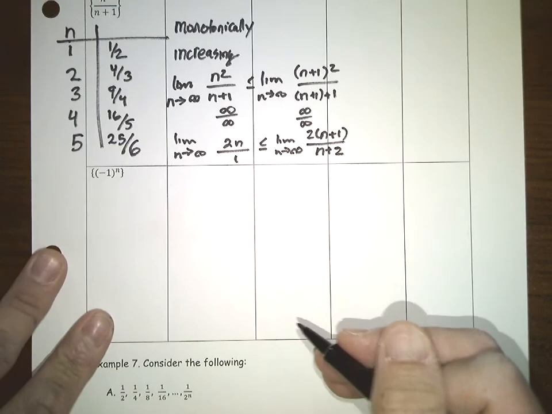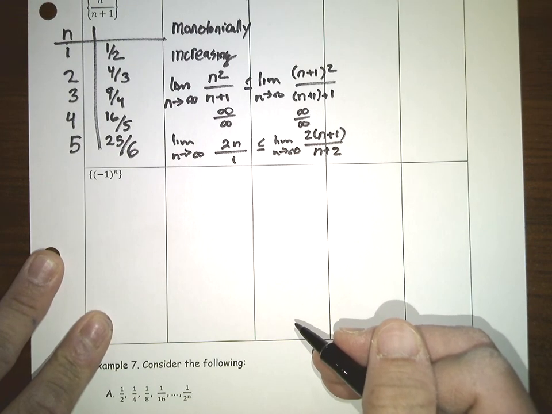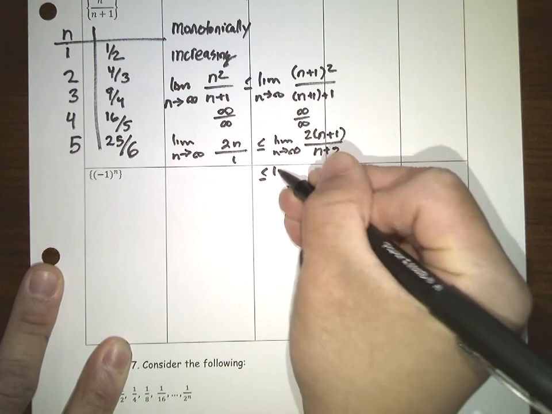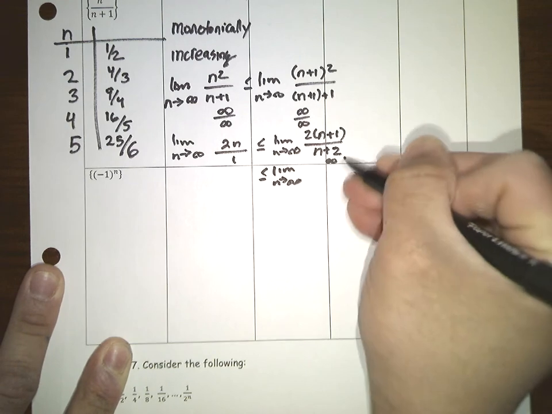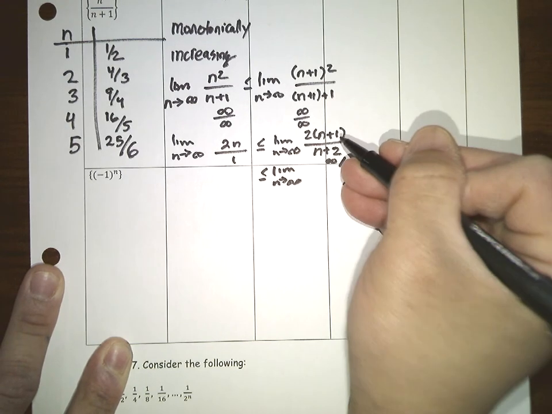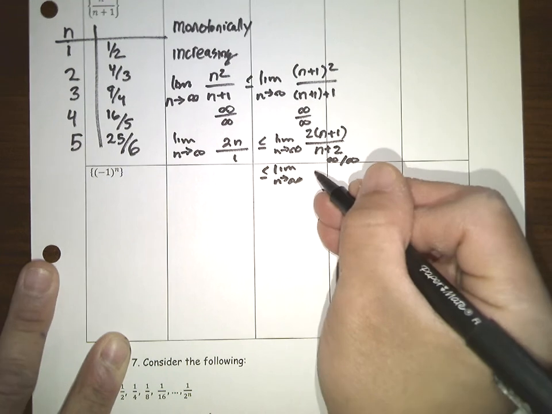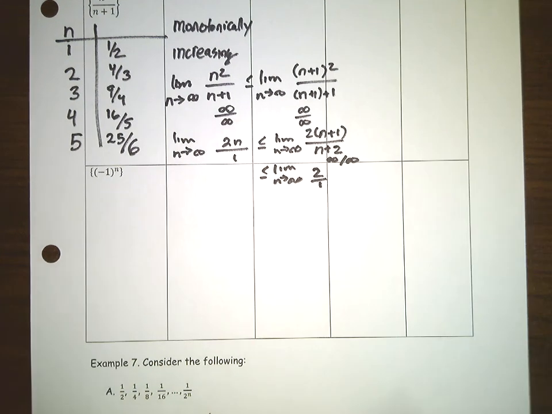I can go ahead and figure out here that this is still infinity over infinity. So if I find that derivative, 2 over 1.